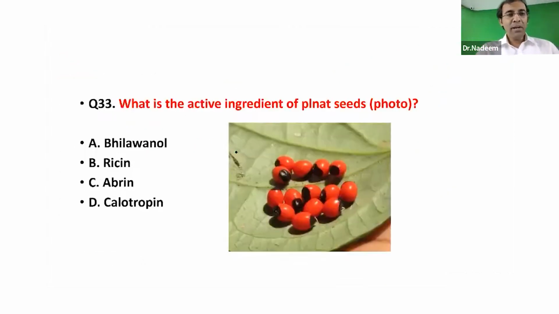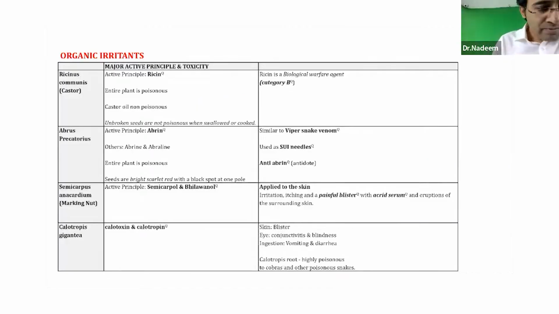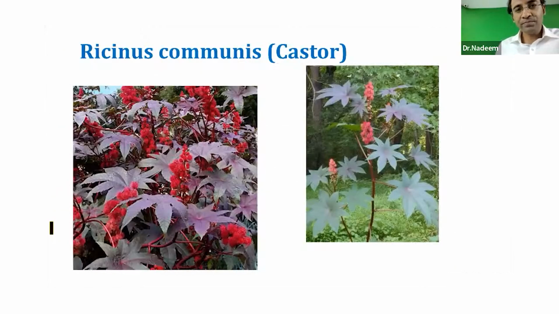Next, plant poison. What is the active ingredient of this plant seed as shown in the photo? Let's take a look at the plants I'm going to show you. Here we are going to learn about Ricinus, Abrus precatorius, Semecarpus anacardium marking nut, Calotropis gigantea. First, Ricinus communis.